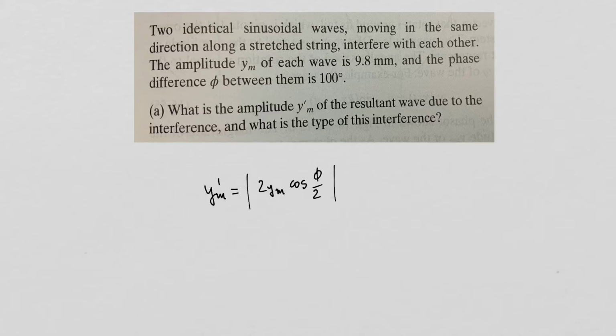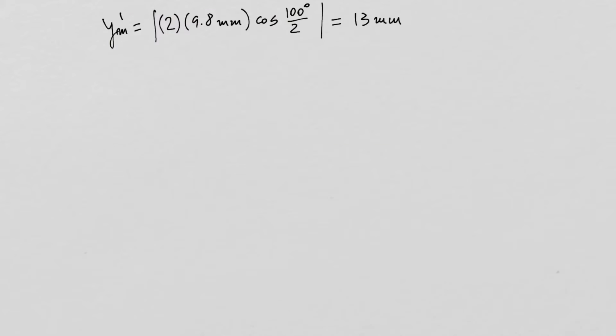Okay, so now let's figure out what the amplitude is equal to. Substituting all the information in the formula for the resultant wave's amplitude and keeping the calculation in degrees and also keeping the amplitude of each wave in millimeters, I get that the amplitude of the resultant wave is 13 millimeters.